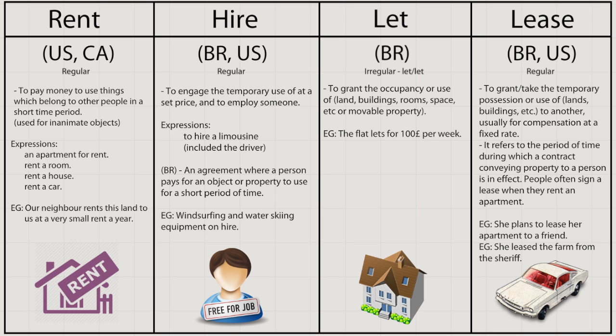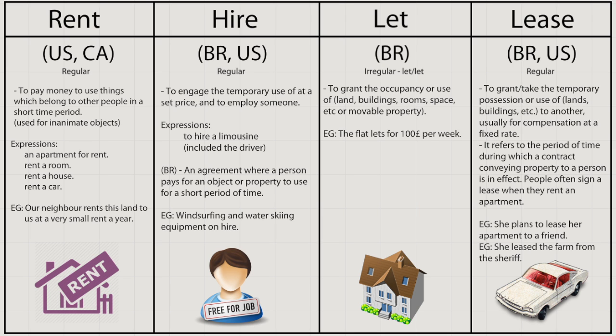Then the last one is lease. Lease is used mainly in Britain and also in the US and Canada, and is a regular verb. So leased and leased, just add the d at the end of lease, and it is regular.